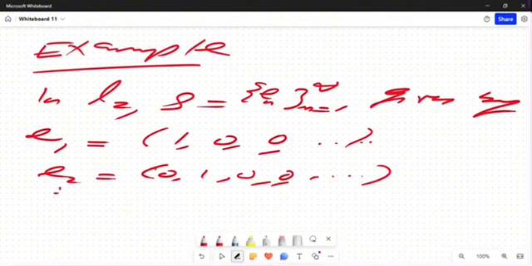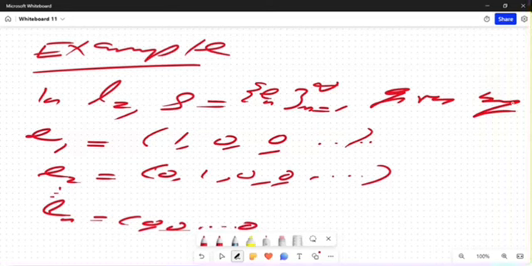If you continue like this, e_n is 0, 0, and so on and so forth, 0, 1, 0, where this 1 is in the nth position.